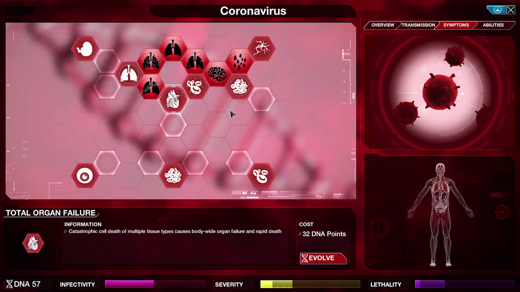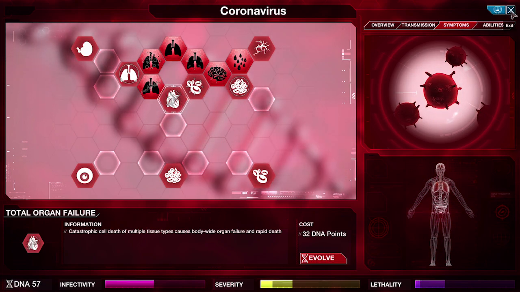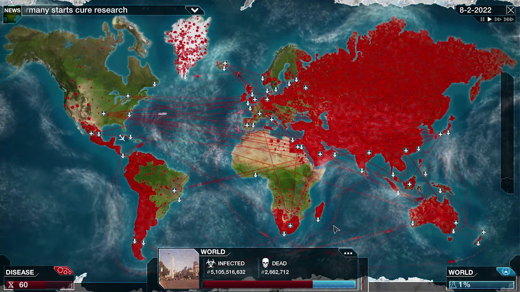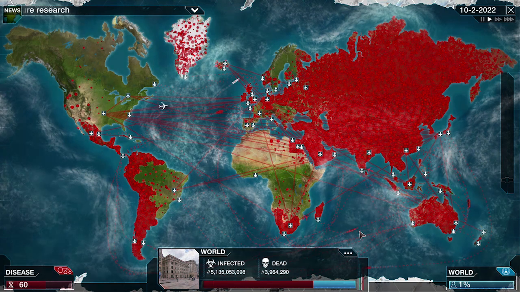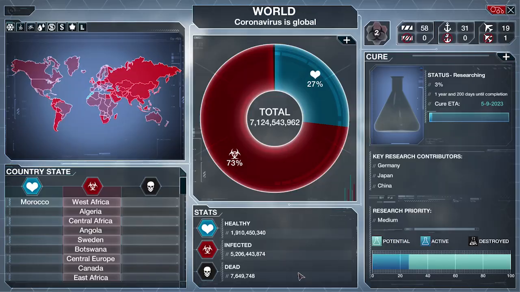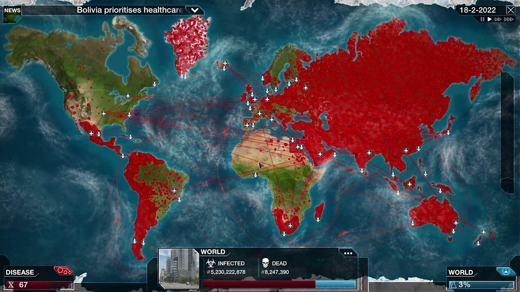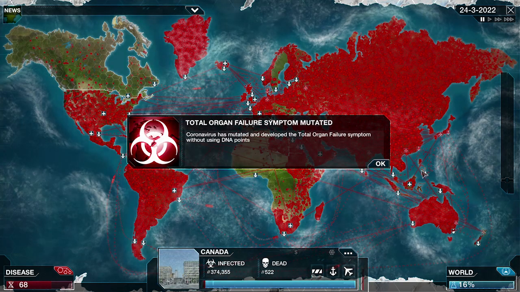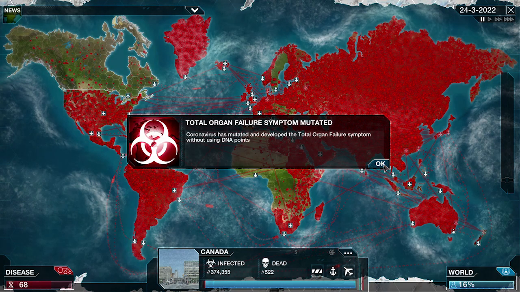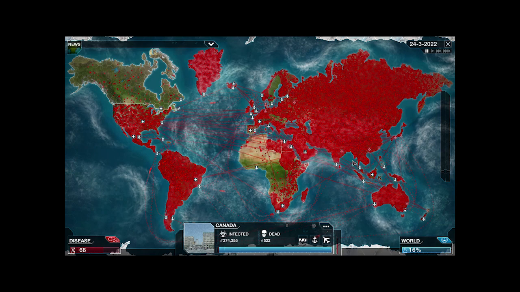I do have enough for total organ failure, but that's not really realistic because that doesn't exist with the coronavirus. So we're just going to see. If it mutates, I'm not going to stop it. Alright, I think that's the whole world. Nope, I still need Morocco. So cool. Oh shit. Well, I guess it be what it be.